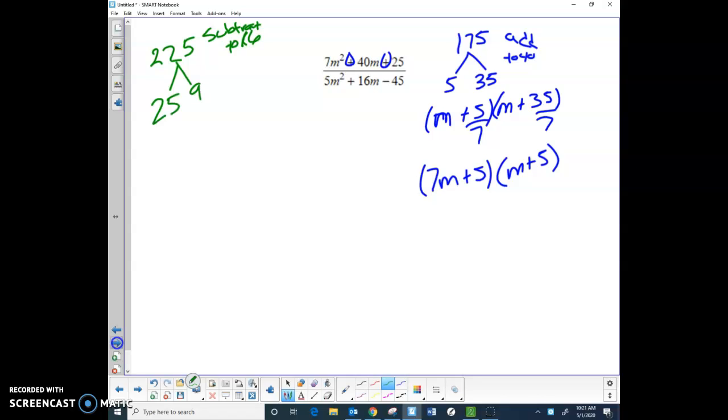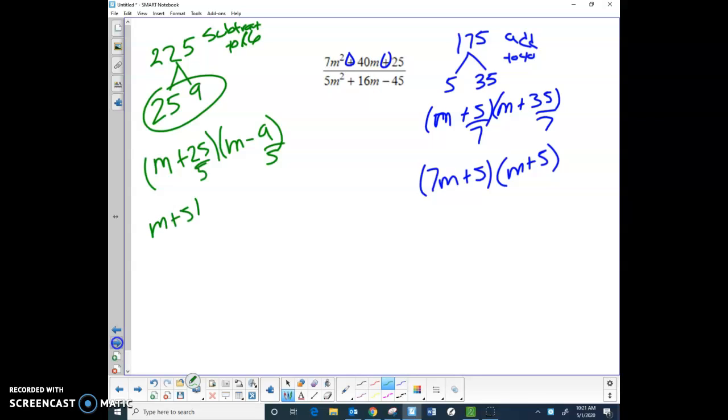I just pull out the number that I know easiest. 25 goes in there 9 times. Look at that, 25 minus 9 is 16, so we've got our answer right there. We've got m plus 25 and minus 9, because we need a positive 16. Divide by 5, so we've got m plus 5 and 5m minus 9.